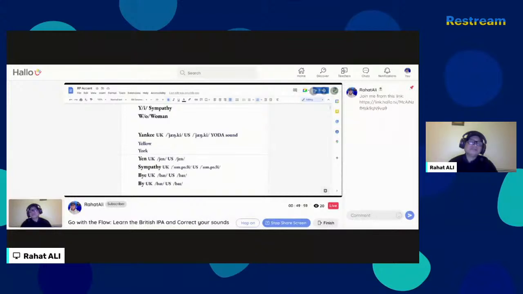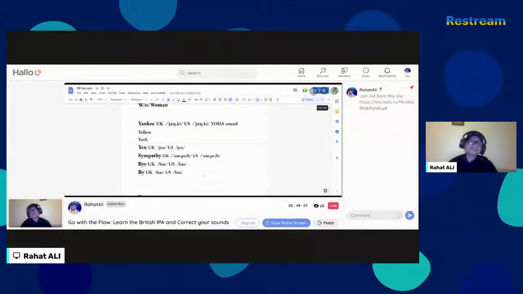Then buy and bye. How do you differentiate these two sounds? Buy, B-Y-E, and buy.